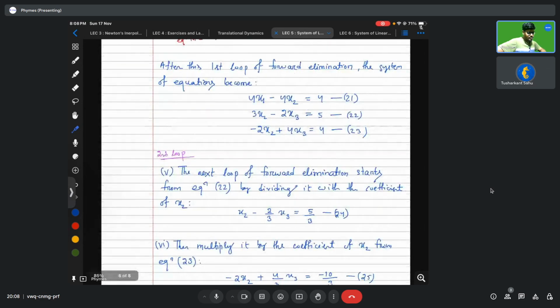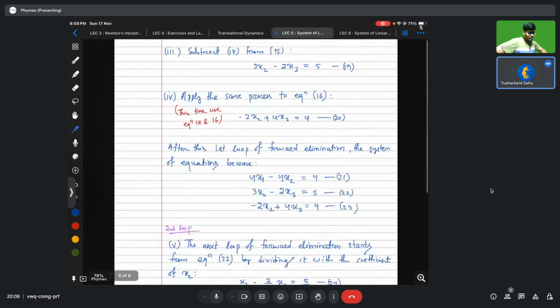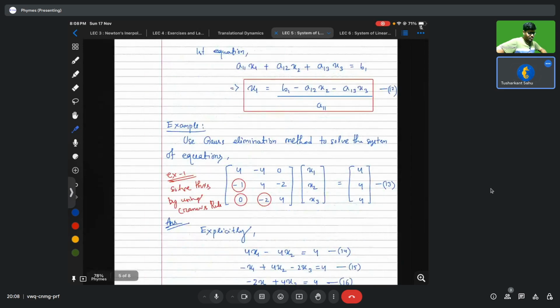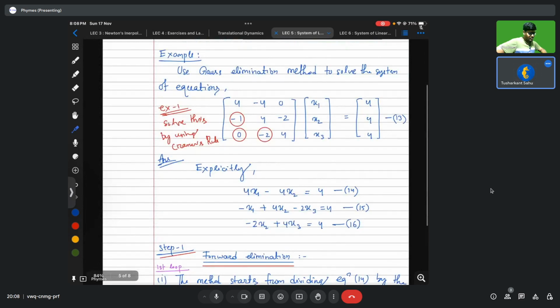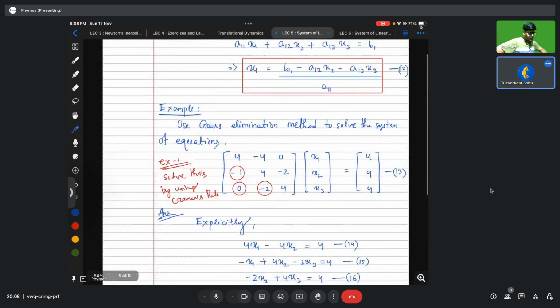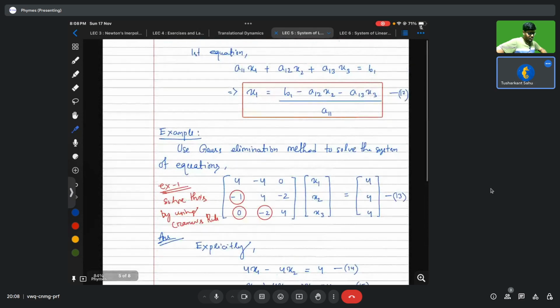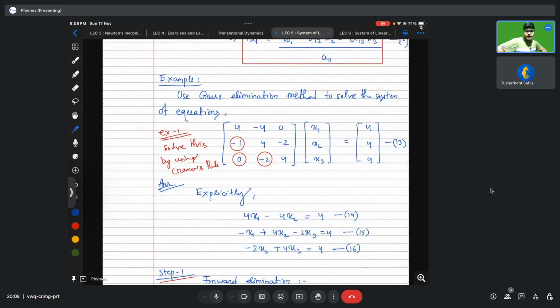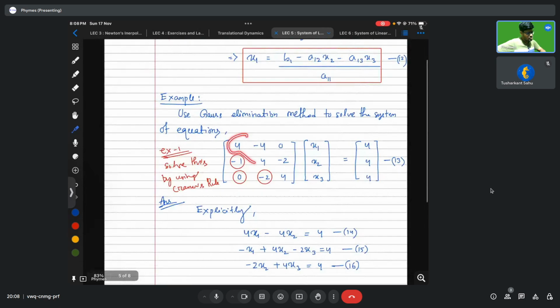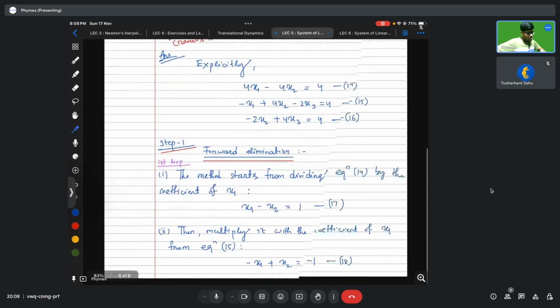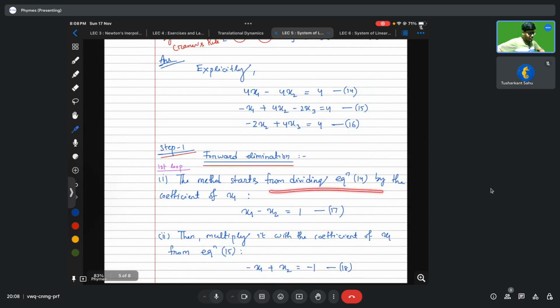Can you tell me? Do you remember why? Right, okay, so here what if these diagonal values are 0 in this example? Then what will be problematic? Because when you start this method, you have to divide.